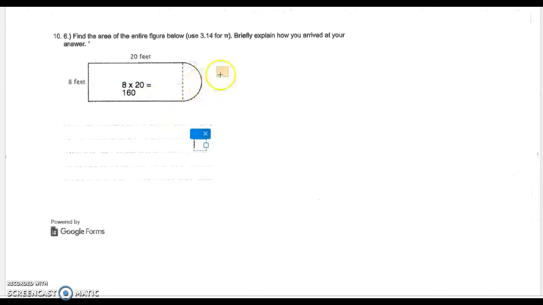And then over here for the semicircle, let's see, what do we want to do? We know the area of a circle is pi times radius squared. Well, a semicircle is pi times radius squared divided by 2. So let's do A equals 3.14. Our radius of this semicircle, if this length here is 8, that means the diameter of this semicircle would be 8. And if we cut that in half, that would be 4.